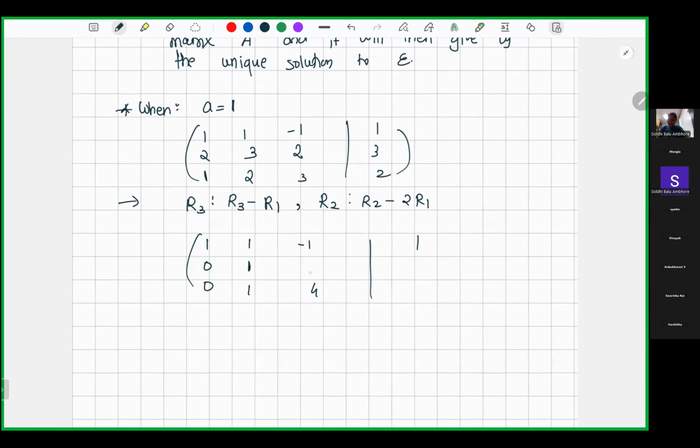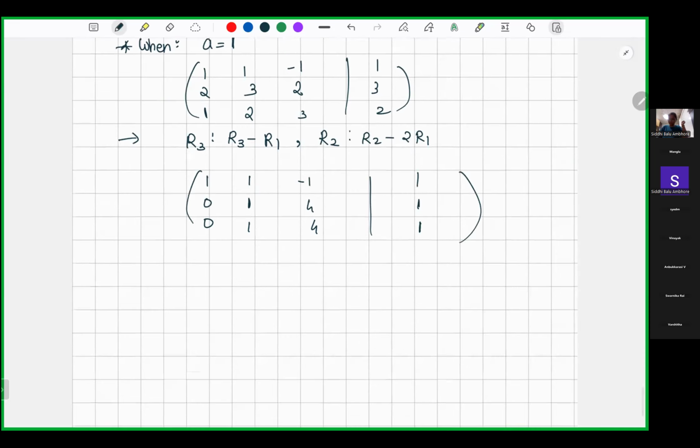And here it was 2 minus minus 2, which is 2 plus 2, 4. And now here I am having 2 minus 1 and 3 minus 2. And now in this case, I have this condition minus 1, 1, 1.